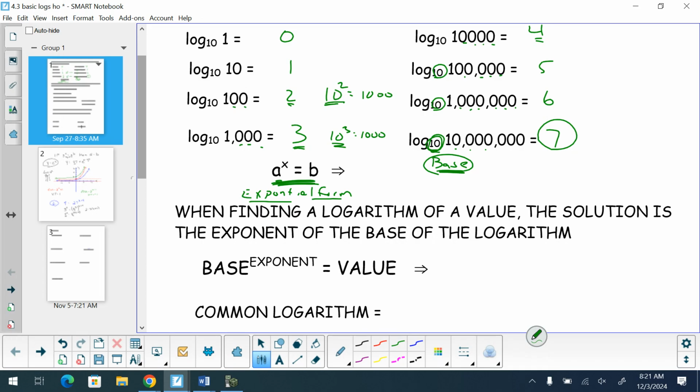But if we have a to the x power is equal to b, we can change this into a logarithmic form.